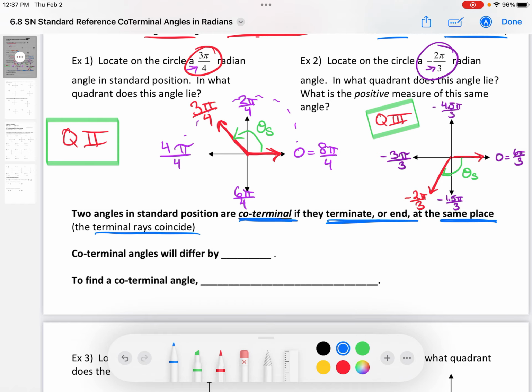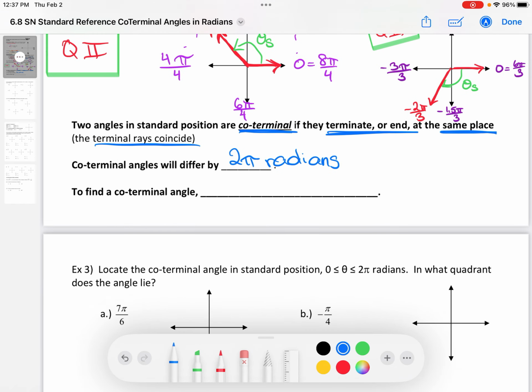So in radians, that is 2 pi. So to find a coterminal angle, we add or subtract 2 pi. Now, we are going to add and subtract with fractions, okay?